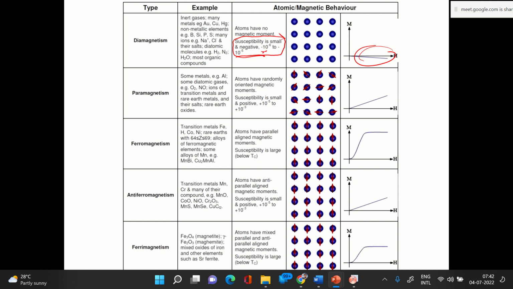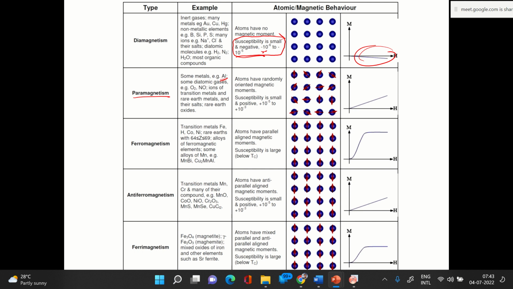Okay. Second, paramagnetism, already defined. This is the most common thing that you all know. So metals, diatomic gases, oxygen, nitric oxide, these are all paramagnetic, transition metals, rare earth metals, and their oxides. So what is the difference? See this picture.